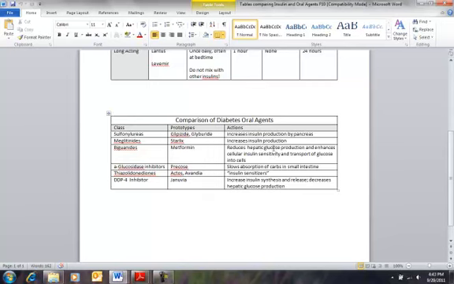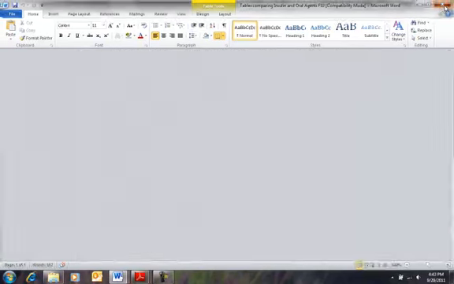Which ones affect the liver in terms of glucose production, and therefore if the patient has severe liver disease, you'd be monitoring that very carefully. You'd be monitoring them closely for jaundice. And which ones may cause GI upset, and that's Precose especially. So do know these insulins and these medications.